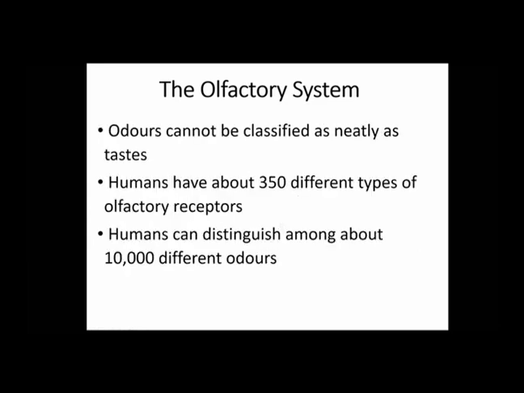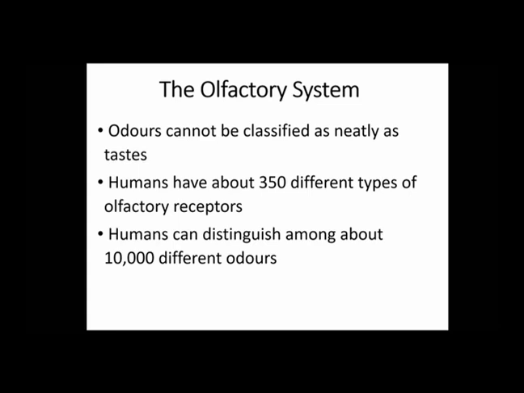Now, we've kind of hinted at this already, where we talked about having multiple olfactory receptors, and it makes sense because odors don't classify as neatly or as cleanly as what we were seeing with our taste buds. So our taste receptors fell into those 5 categories, but we have about 350 or more different kinds of scent receptors.